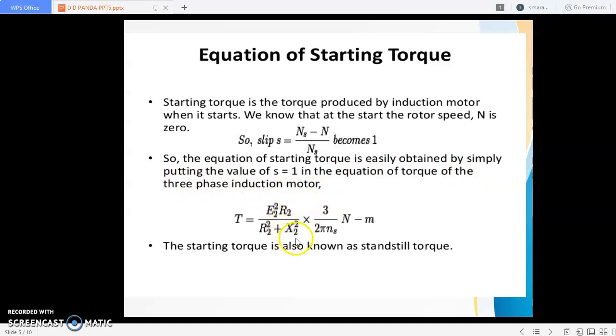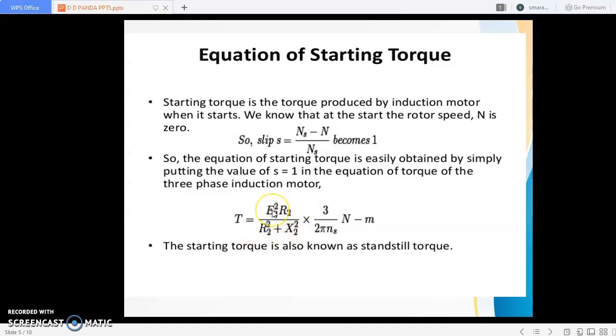So here, instead of S X2, we will put S equal to 1. Instead of S into E2, we will simply put S equal to 1. So the equation becomes T equals E2 square R2 by R2 square plus X2 square.